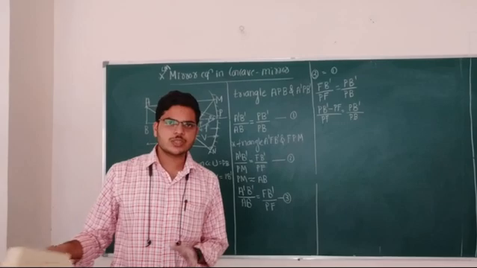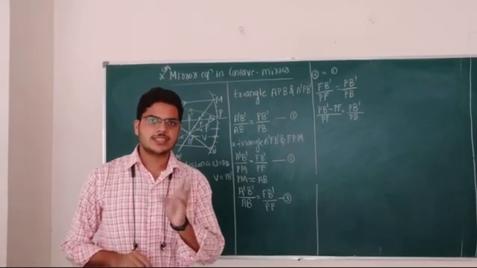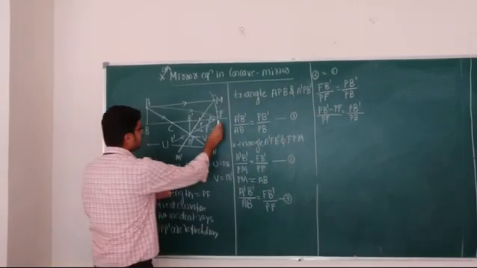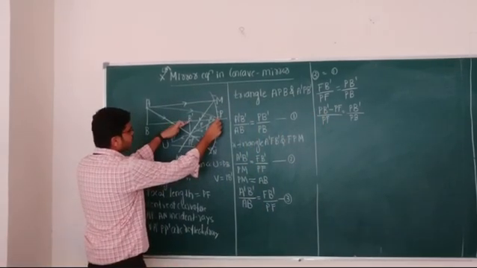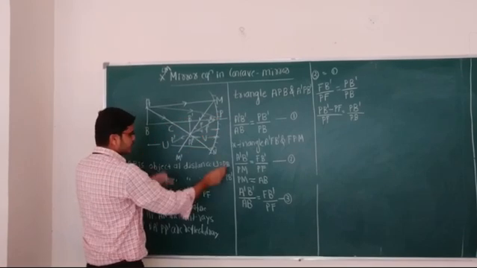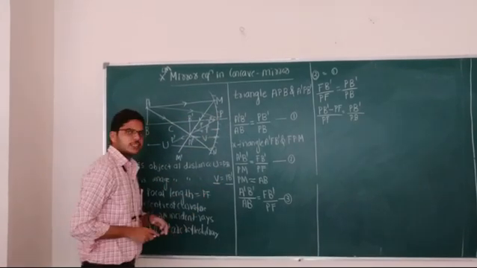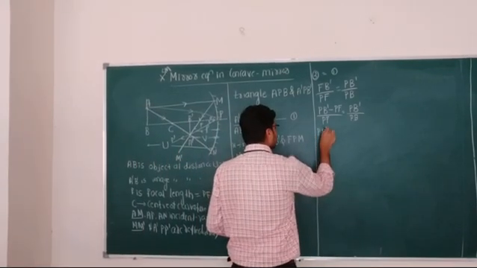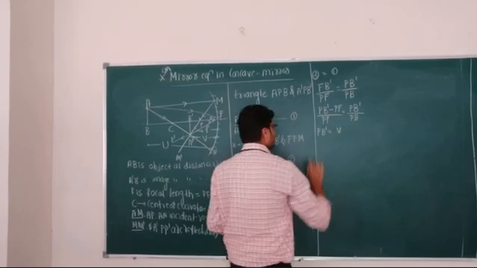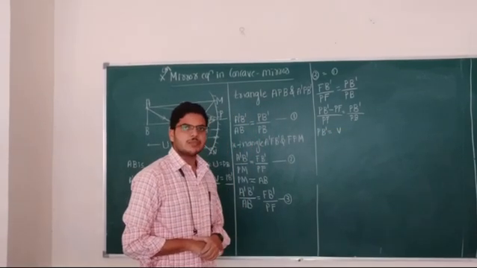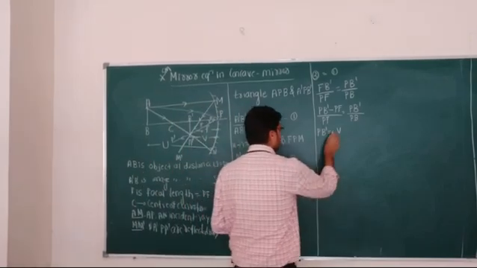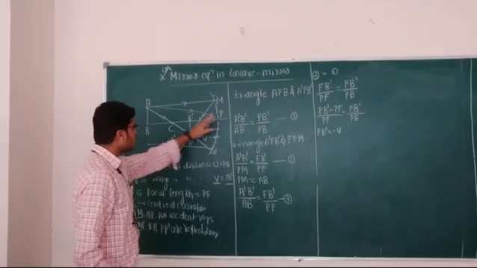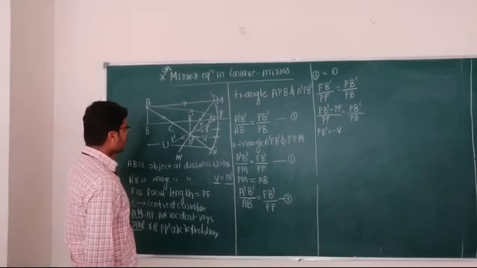Now you use the sign convention here, the Cartesian sign convention. Notice PB', P to B', pole to image. PB' is nothing but image distance v. Therefore, I write PB' is equal to image distance small v. Here I am taking the sign as negative because it is along the minus x axis from the pole. This is the pole, I am going left side or along minus x axis.